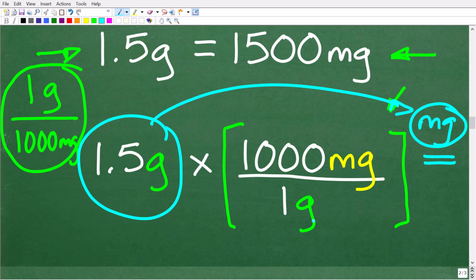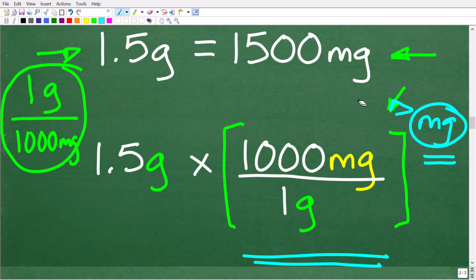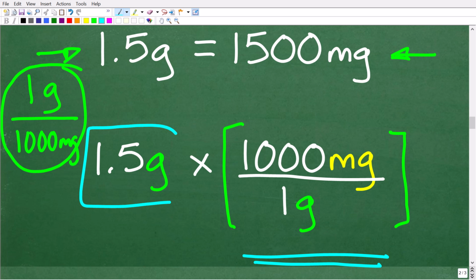Well, the correct one that we need to use is this one right here. Now, why is that? This is where you really have to pay attention in terms of converting units of measure. We want to go from grams and end up in milligrams, so we want to get rid of grams and be left with milligrams.